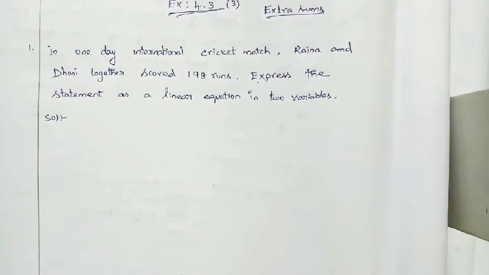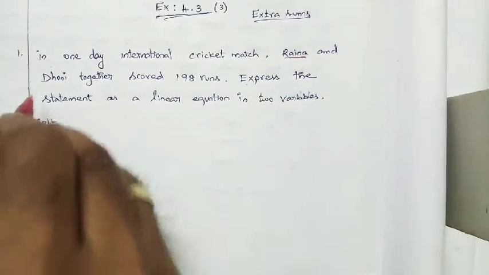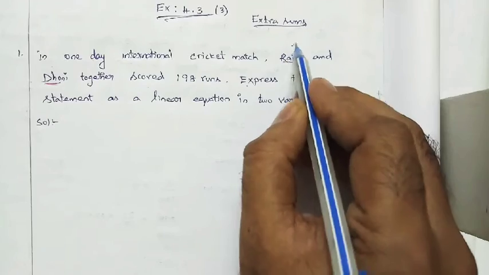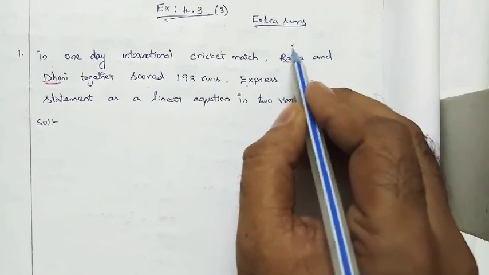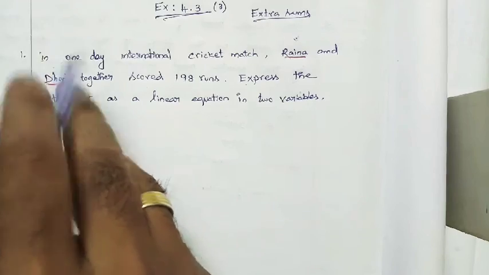I told you that a linear equation in two variables means surely they will talk about two people or two objects. Here they are talking about two people, Raina and Dhoni. So I'm going to consider the score taken by Raina as x and the score taken by Dhoni as y.